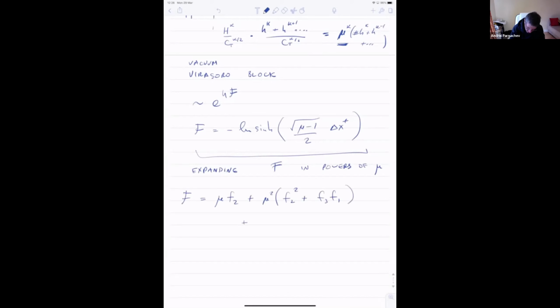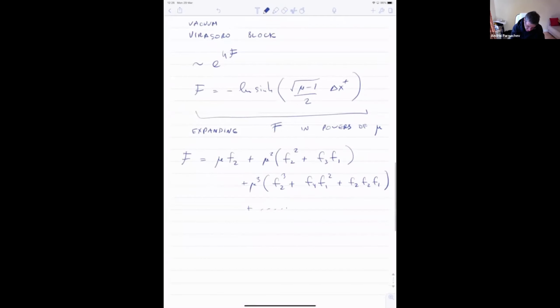The third term is mu cubed times f2 cubed plus f4, f2, f1 squared plus f3, f2, f1, and so on. So you see the pattern.